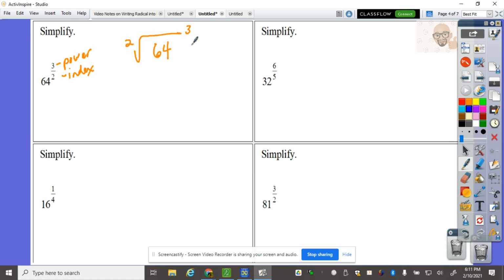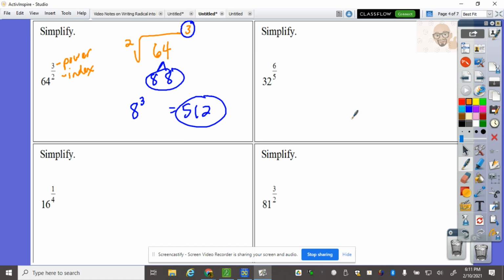My suggestion is always put the power last. That's the last thing you're going to do, okay? If possible. So the square root of 64, that's going to be 8 and 8. That's already a pair of 8. So the answer there is just 8. 8 to the third power. You're going to multiply 8 3 times. 8 times 8 times 8. That will give us 512.